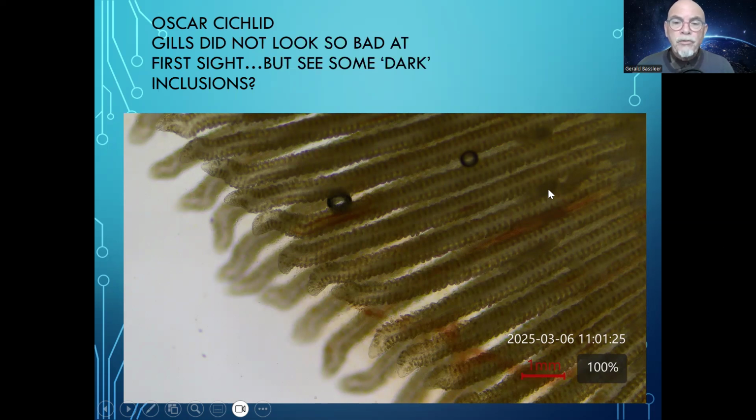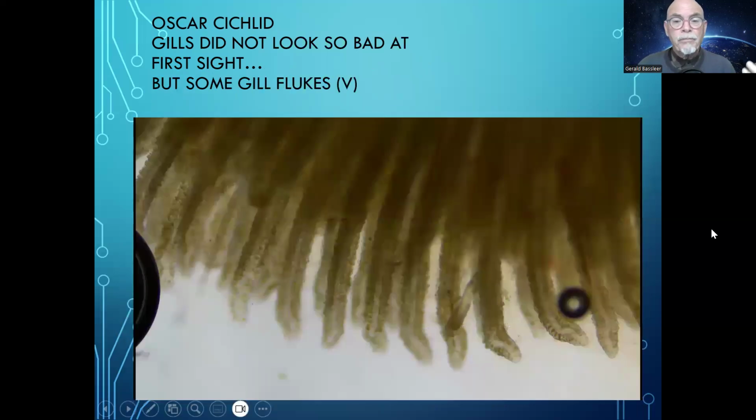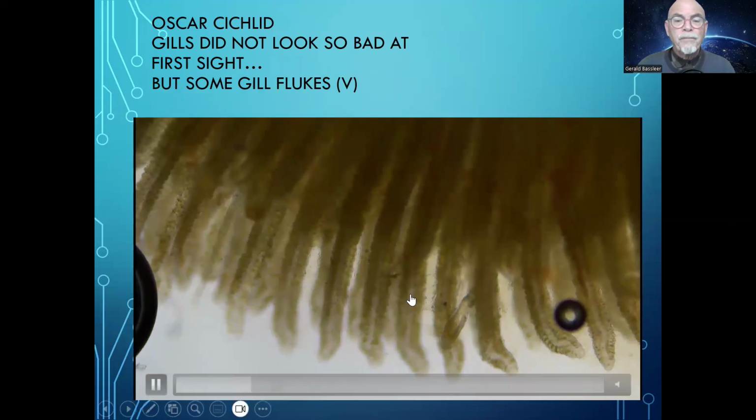But notice here to the right, where I point, some black inclusions, some black parts of the gills, which were not obvious when we just took out this gill arch. We found a few flukes at the tips of the gills.